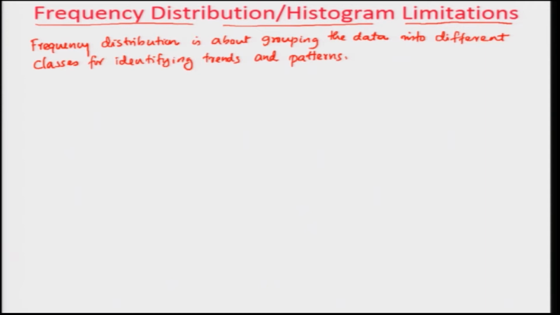You are grouping the data into multiple classes so that you can identify trends and patterns in the data. That's the first part.